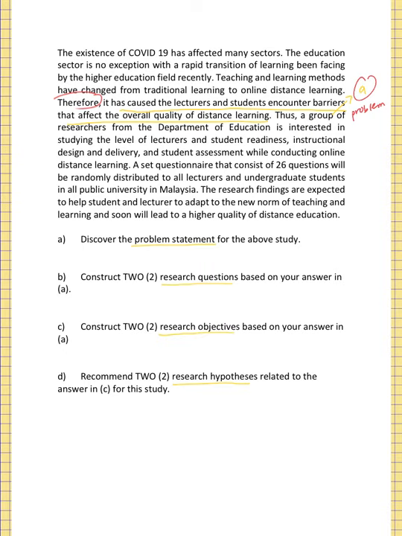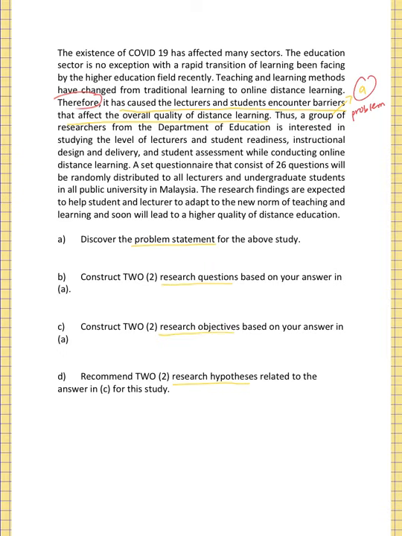Question B. Construct two research questions based on your answer in A. Okay, so how do we construct the research question? Actually there is no specific answer. You can generate it based on your logic.